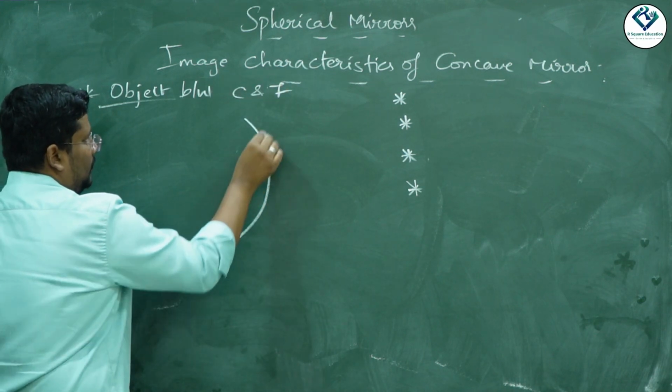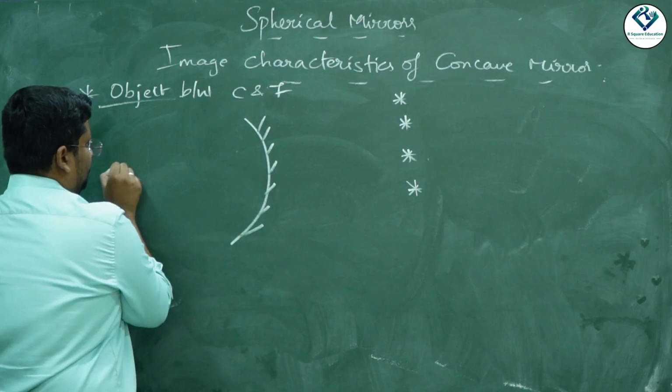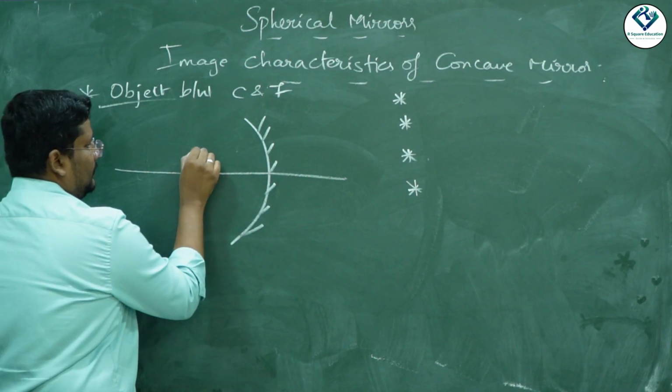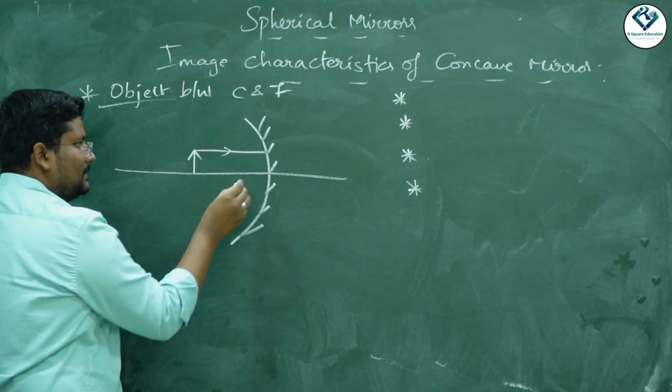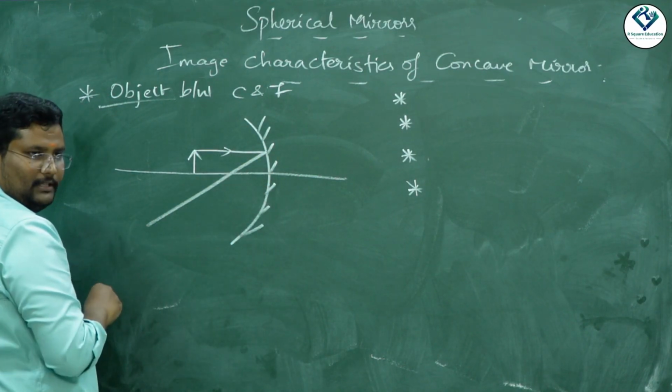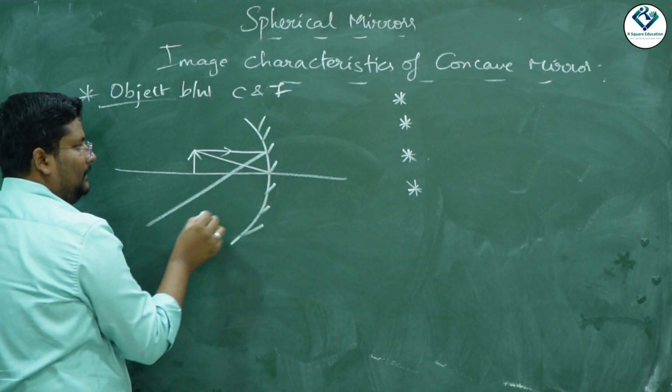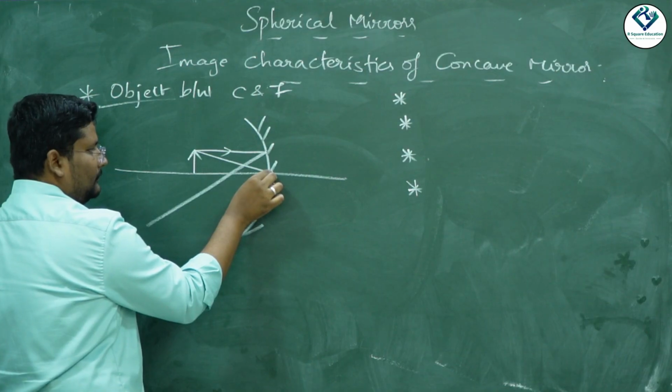So let me draw a concave mirror, principal axis. Let me take the object here, parallel to the principal axis. It is going to cut the focus, and another ray passing through the pole.